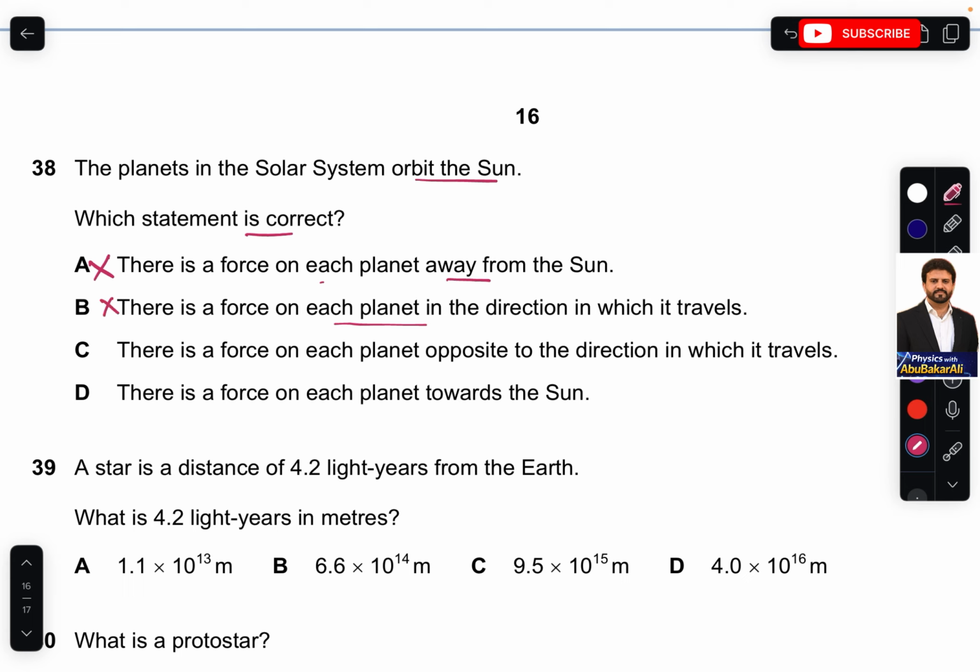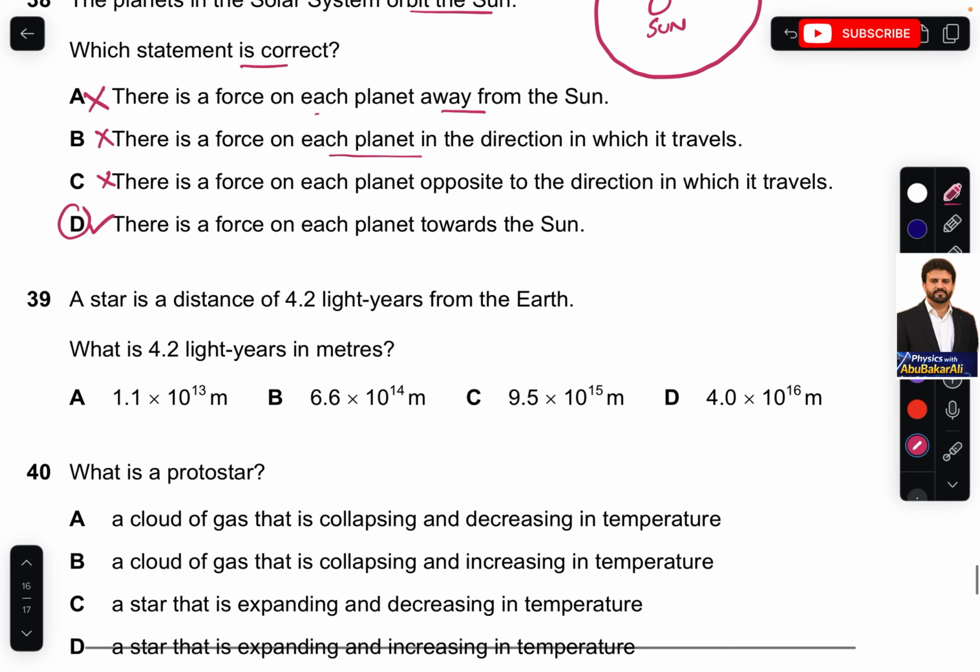There is a force on each planet opposite to the direction in which it travels. No. There is a force on each planet towards the sun. Yes. Whenever an object is moving in a circle, let's suppose this is the sun, this is a planet, the force should always be toward the center of the circular path. Okay, this is the planet. The force will always be towards the center.